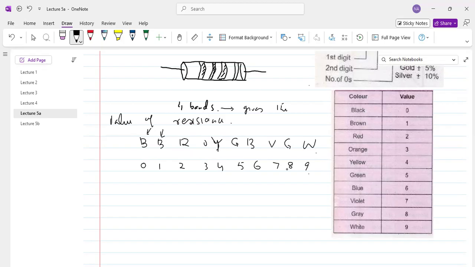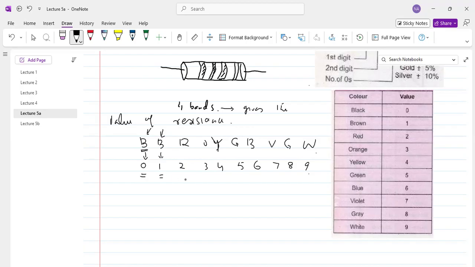You should remember this color coding. What does it mean? When there is a black band, it means the value 0.